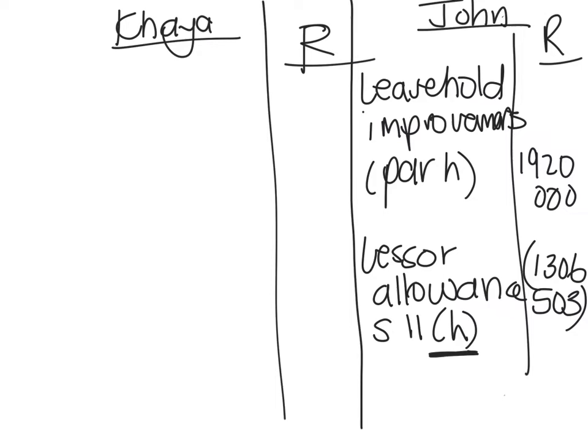Now, they work this out in practice, this amount, according to a discount factor of 6%. And what the effect of this allowance is, if you take the 1.92 million and you deduct from it the 1,306,503, the net effect is that John, our lessor, will only be taxed effectively on the present value of that building in the current year of assessment.